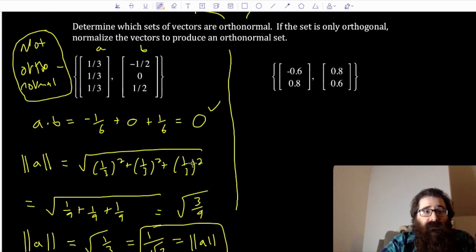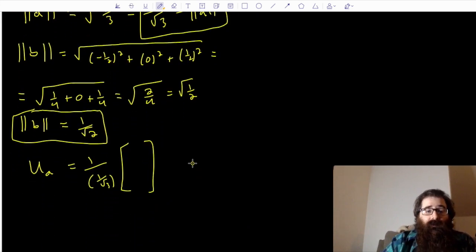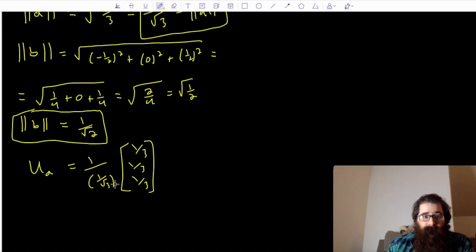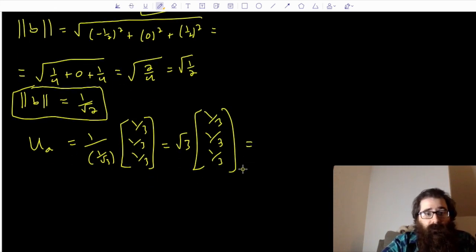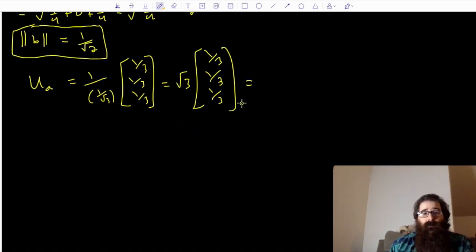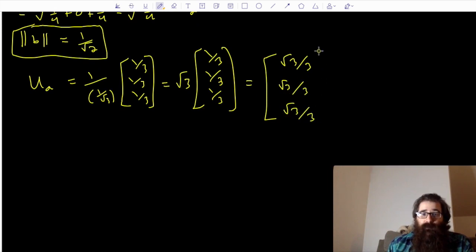And that was just 1/3, 1/3, 1/3. Now here what's nice about this, 1 over radical 3 is just radical 3 times the vector 1/3, 1/3, 1/3. So this is going to give me a vector radical 3 over 3, radical 3 over 3, radical 3 over 3 for all entries.